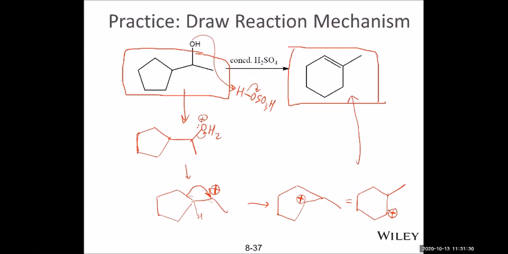With this carbocation, I have 2 hydrogens here to lose, 1 hydrogen here to lose. Which one will give me the final product? Notice in our final product, the double bond is linked with the carbon that has a methyl group. So the double bond has to be here. Make sense?